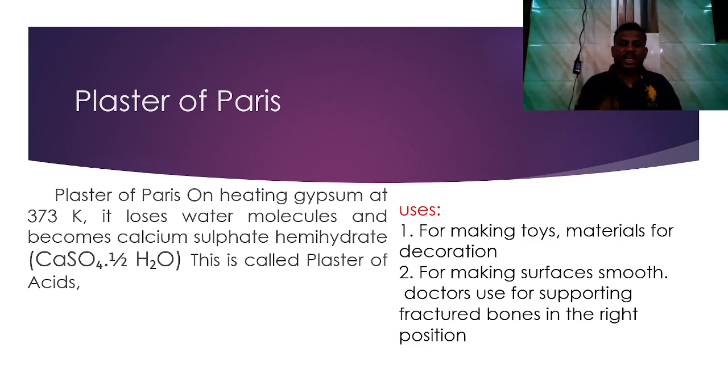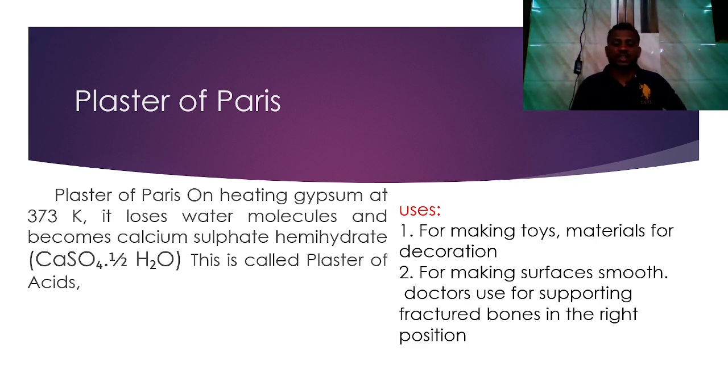Once again I repeat: when gypsum is heated at 373 Kelvin, it loses water molecules and becomes calcium sulfate hemihydrate. The molecular formula of this is CaSO4.1/2 H2O. This is called plaster of Paris. I hope you are getting my point.